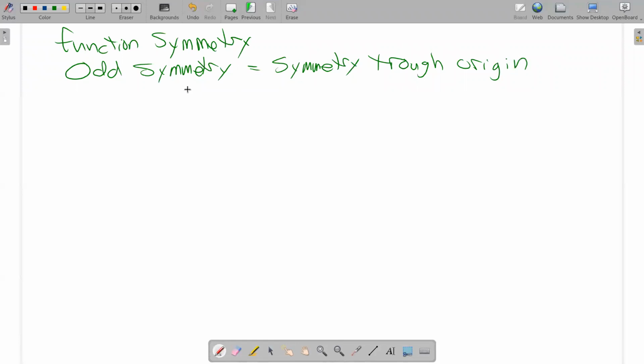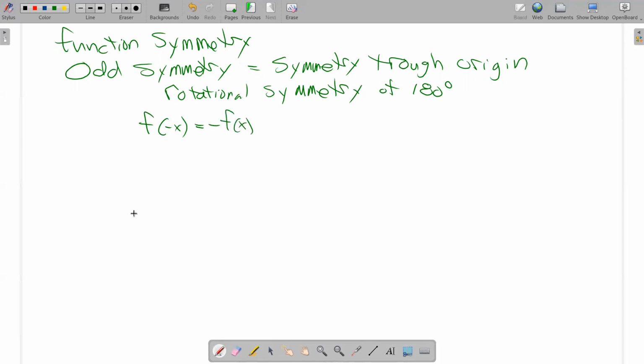It's a rotational symmetry of 180 degrees. And then algebraically, a function has odd symmetry if you replace x with a negative x, and that negative pops out, positive x inside, then for all values of x, this is the definition for odd symmetry. So this is the algebraic definition.